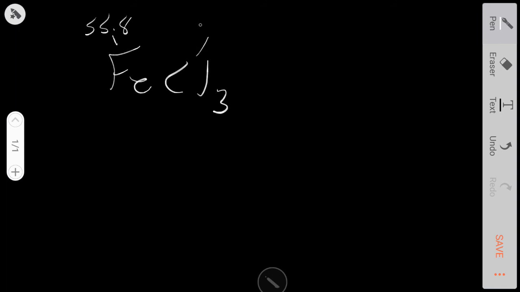Cl3 is going to give me 35.4 times 3, which is roughly 106.2. Add these together, and you should get 162. I saw in some of yours you had 161. One person in particular, I won't name who.